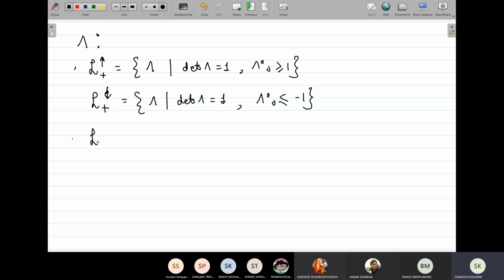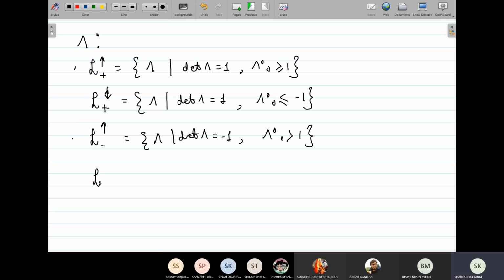Then I will have a Lorentz transformation whose determinant is -1 but whose lambda 0 0 component is greater than 1.